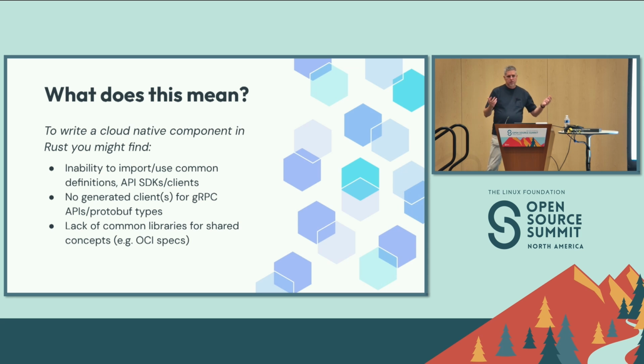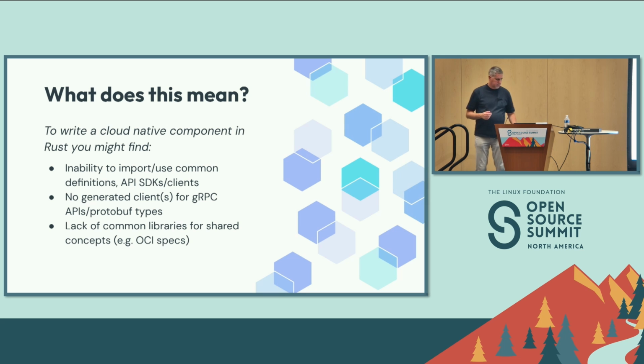Like in Go, it's pretty easy to find a library that'll handle an OCI image spec or an OCI runtime JSON component. And you can find lots and lots of code examples of people parsing those, pulling a piece of information, or using them for something in their project.